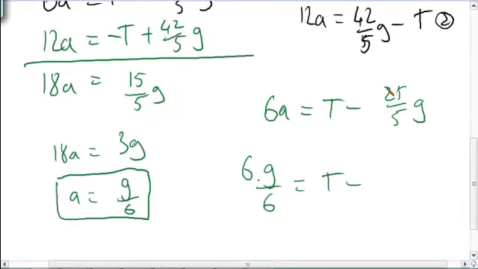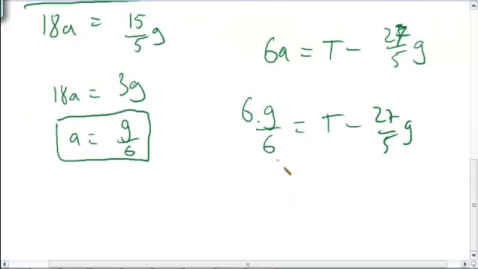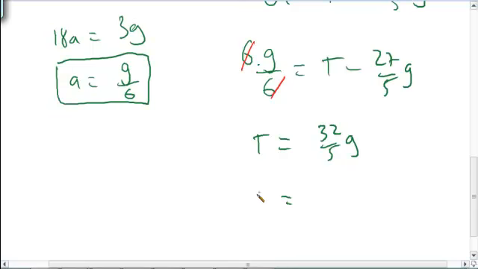It's 27, sorry. 27 over 5G. So we have G, we add that to both sides, and those cancel there, and we get T is equal to G plus that, which would be 32 over 5G. You could leave it as that actually. Okay, so that's it.